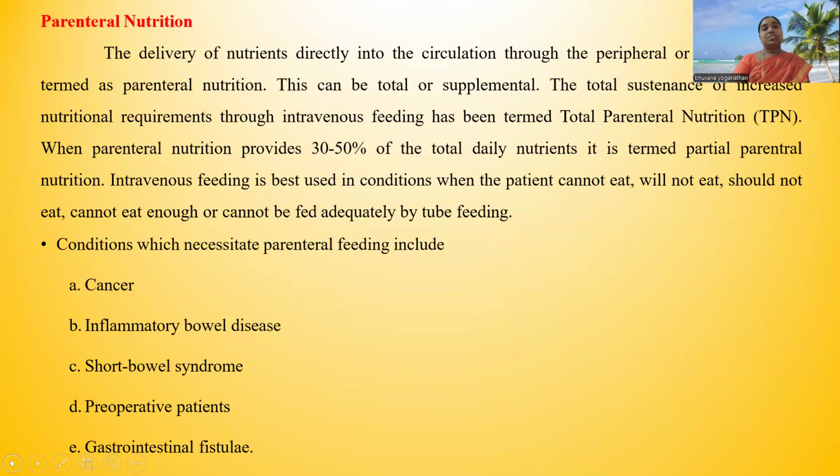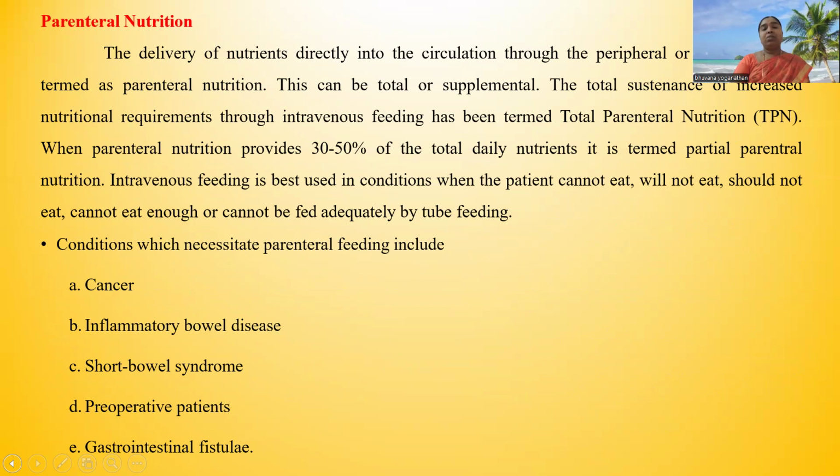Coming to parenteral nutrition, this is the second type of feeding method. Parenteral nutrition is the delivery of nutrients through peripheral or central veins. It is called total parenteral nutrition, or supplemental parenteral nutrition, which provides 30 to 50% of total daily nutrient needs. This is also called intravenous feeding.